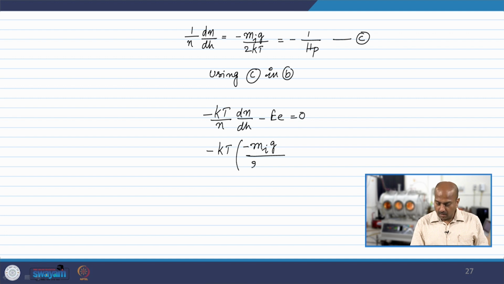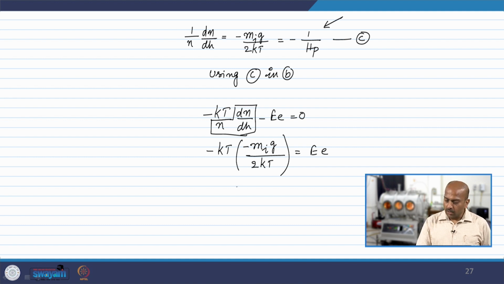Mig by 2kT is equal to eE, right. So what I have done is substituted 1 by n dn by dh. Cancelling out the terms that appear on both sides, we can write Mig by 2 is equal to eE.